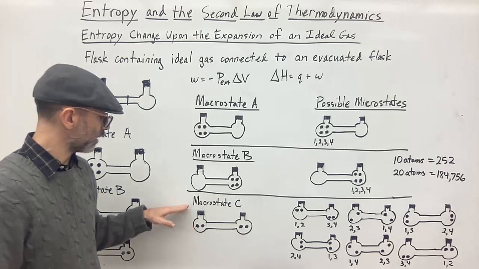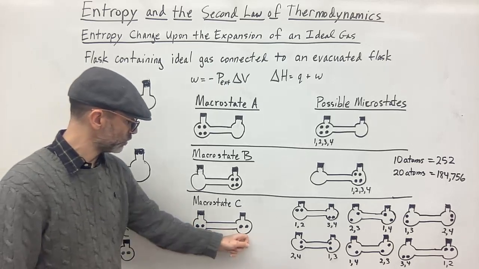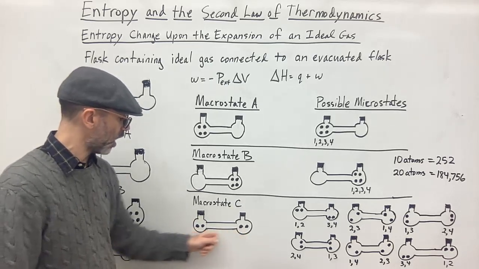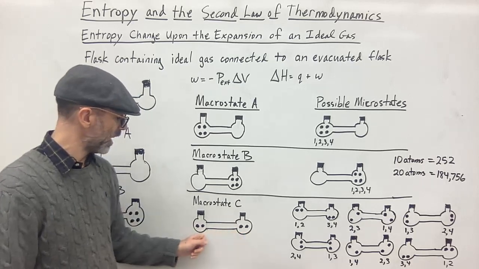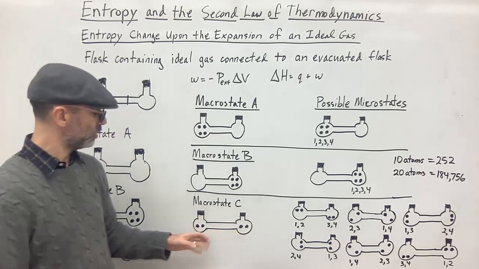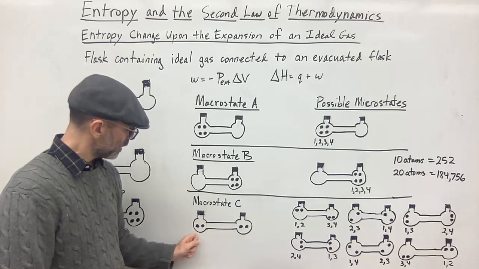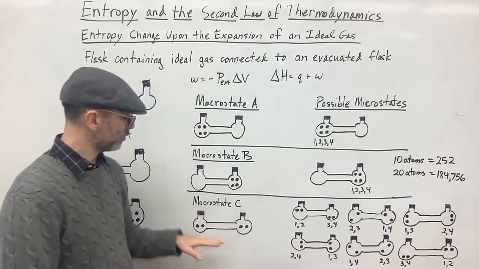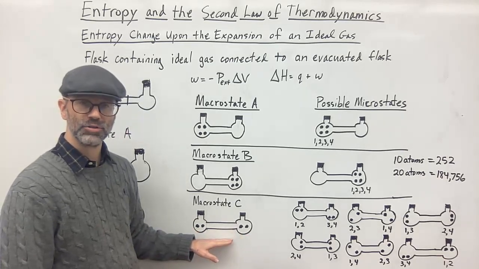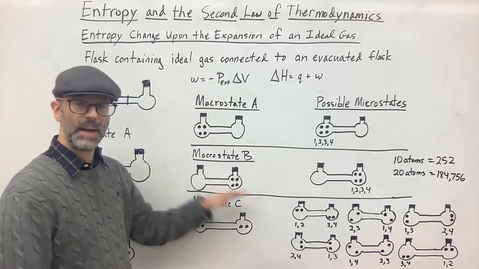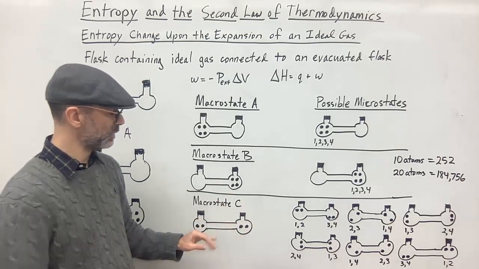But if we look at macrostate C, where the 4 particles are divided between the 2 flasks, here we can again label each of the particles. We can see that we have different microstates that fit this macrostate energetically speaking.